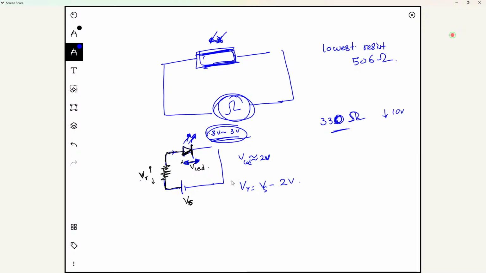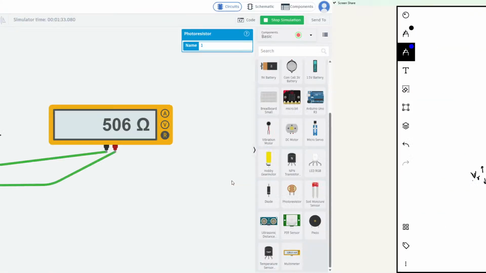So if the supply voltage is 5, VR will be 5 minus 2, equal to 3 volts. It basically adjusts itself based on the power supply voltage and the voltage drop across the LED.